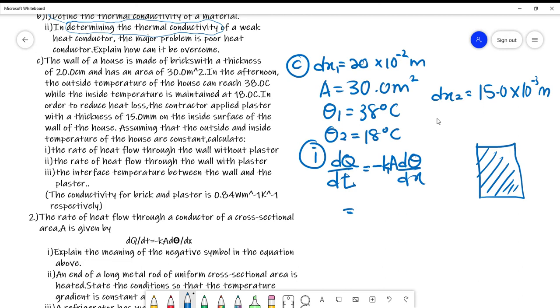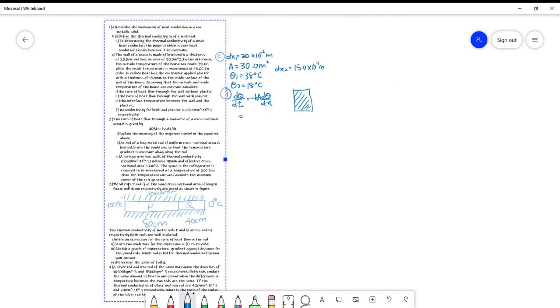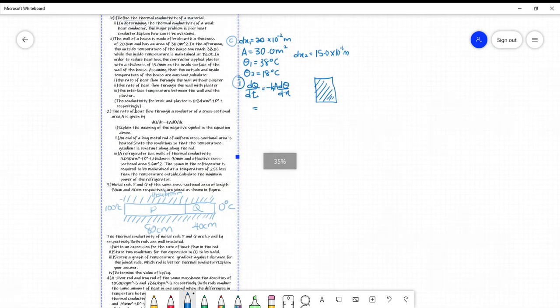Alright, so let me check for a moment. Thermal conductivity of the brick is 0.84. So there's something missing. Okay, let me just modify for a second.